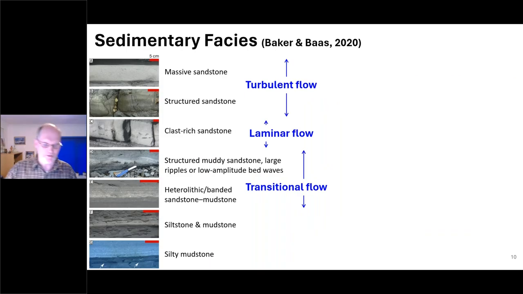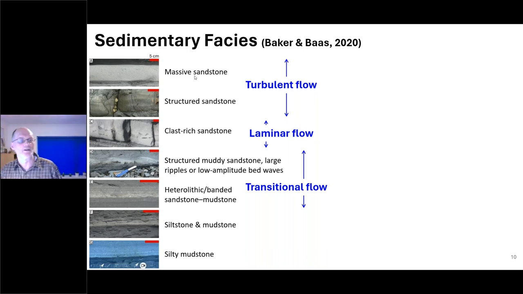We used the same lithofacies scheme as Megan did, but we focused more on the vertical stacking of facies in hybrid event beds than Megan did. The large ripples and the low amplitude bed waves are part of her structured muddy sandstone facies. And these transitional flow facies also included heterolithic and banded sandstone and mudstone.